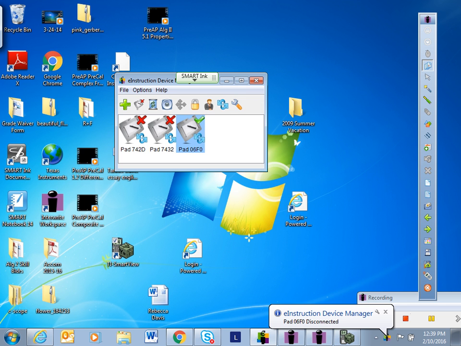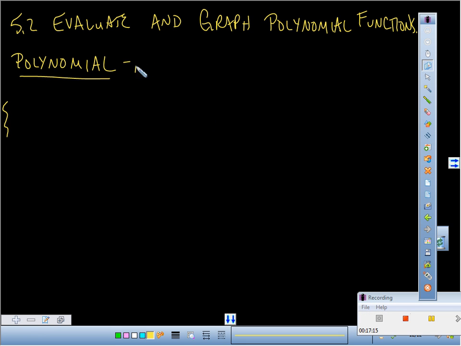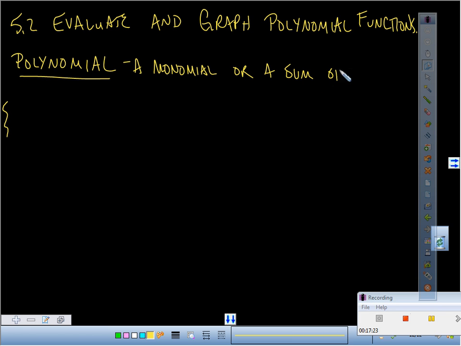So he's a monomial or a sum of monomials. So it's either one term or it's a whole bunch of terms. That's all that's saying. Okay? So a monomial or a sum of monomials.